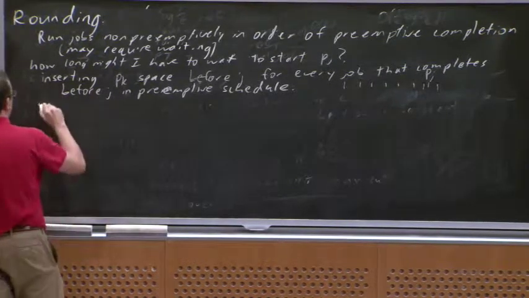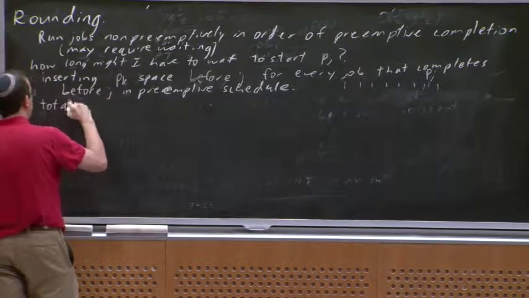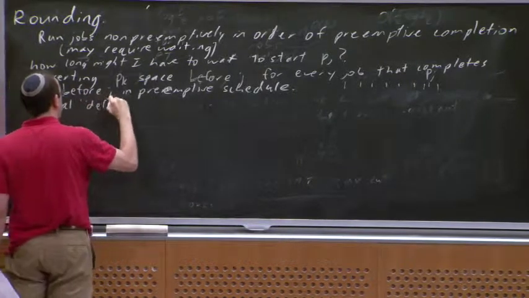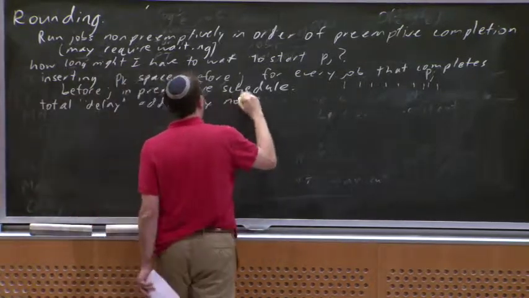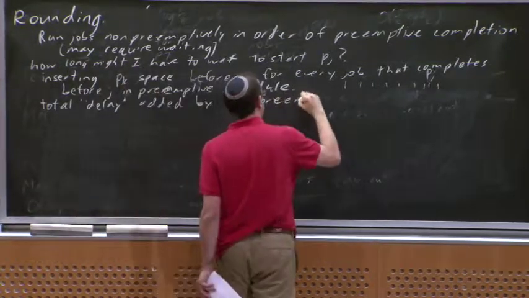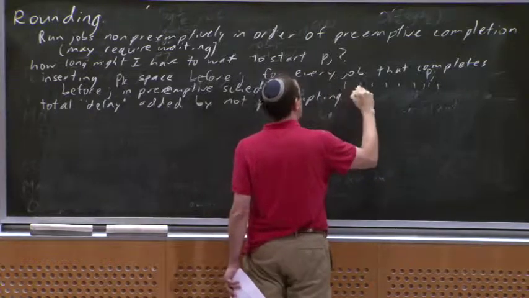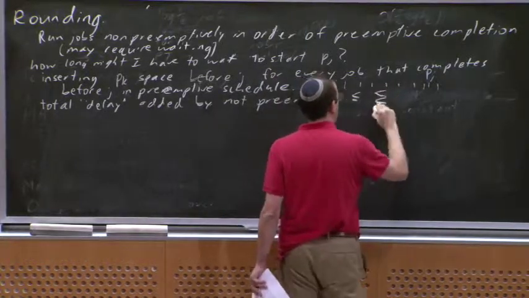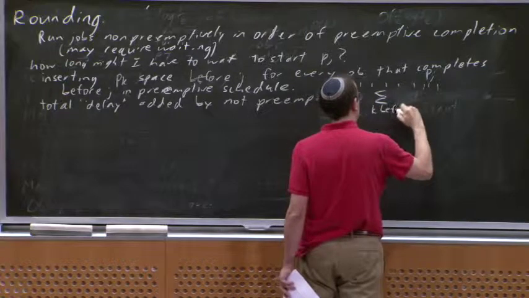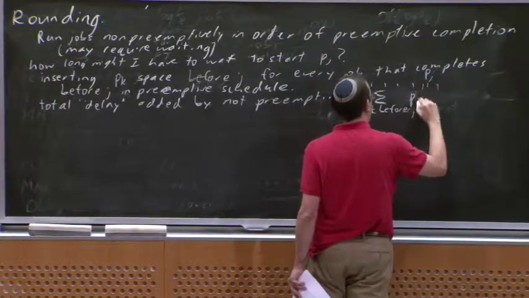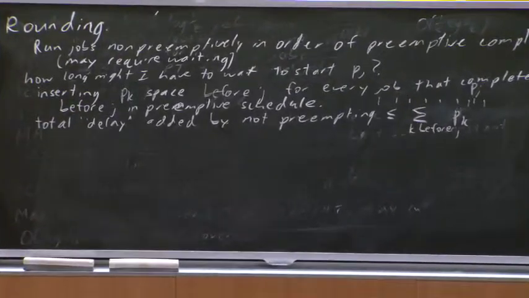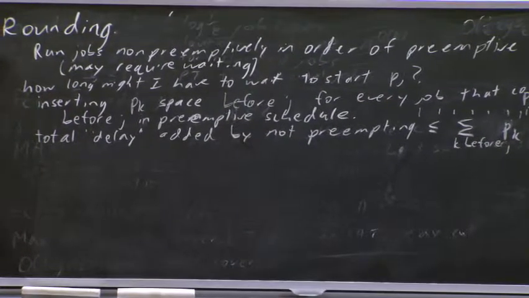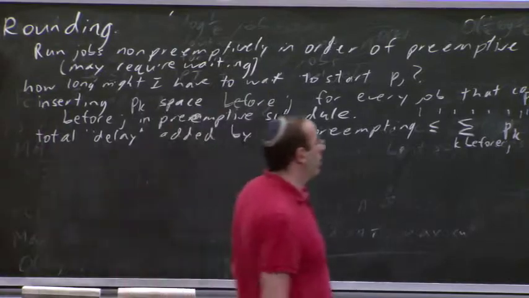In other words, the total delay added by not preempting is at most the sum over k before J of pk. But what is this sum? What is the total processing time of all the jobs that run before J?